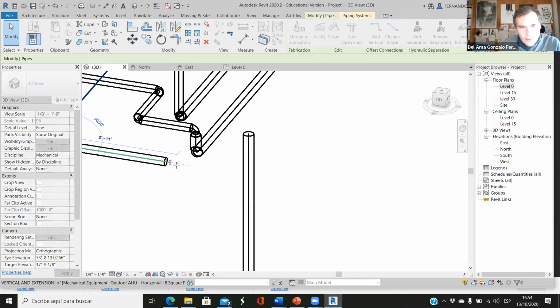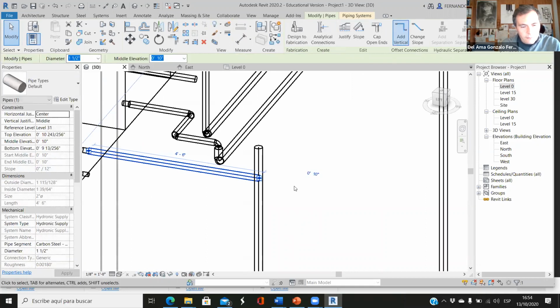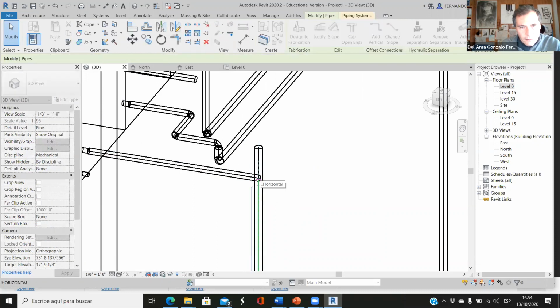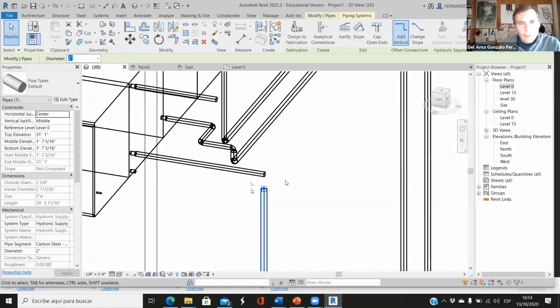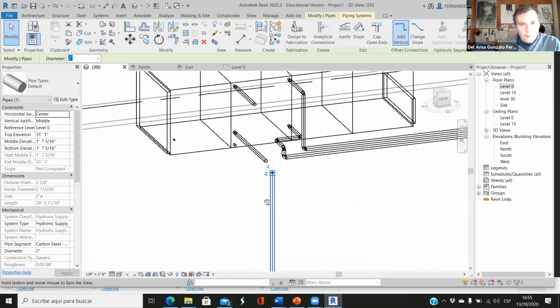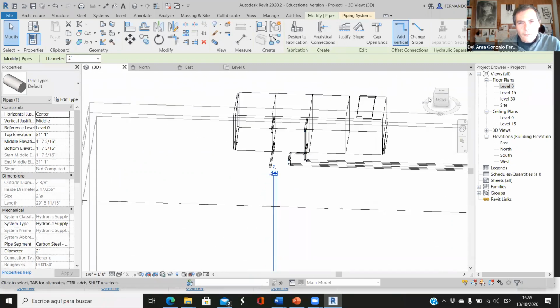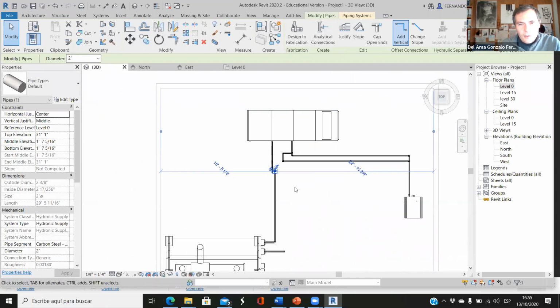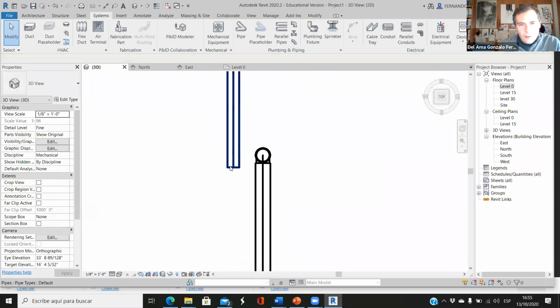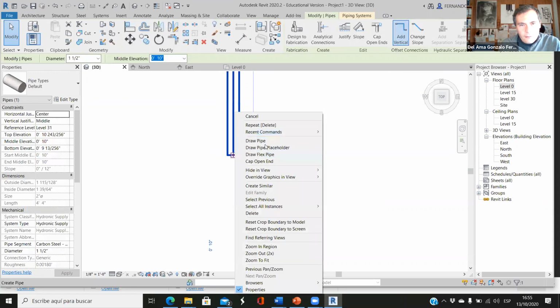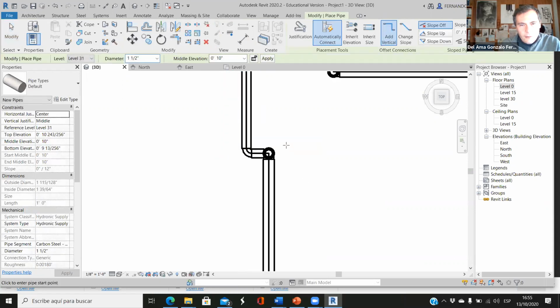So what happens if I drag this until this point? Or I drag this here. Oh, nothing happens because they are not in the same vertical. Okay, so I need to go to the top level. And there you go.